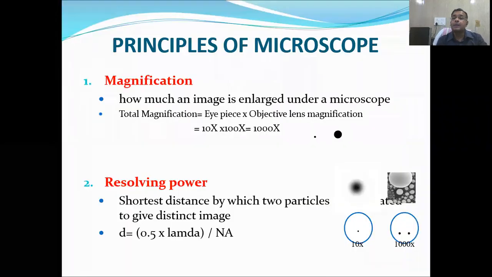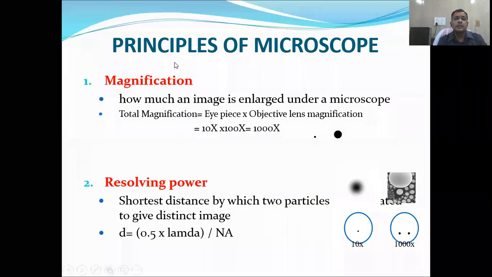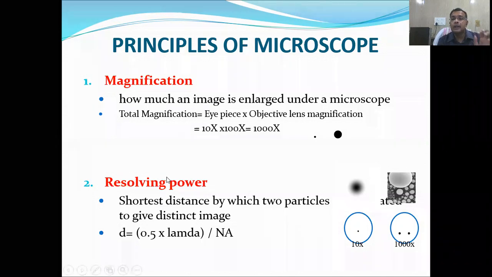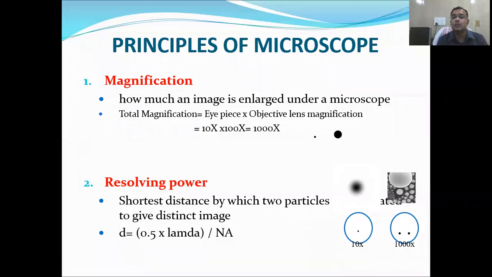Then coming to the principle of microscope, these two terms, which I am keeping in red, are important. You should know them and they must be clear in your mind: magnification and resolving power. First, magnification. Magnification is simply by how many times we are capable of enlarging a particular object.